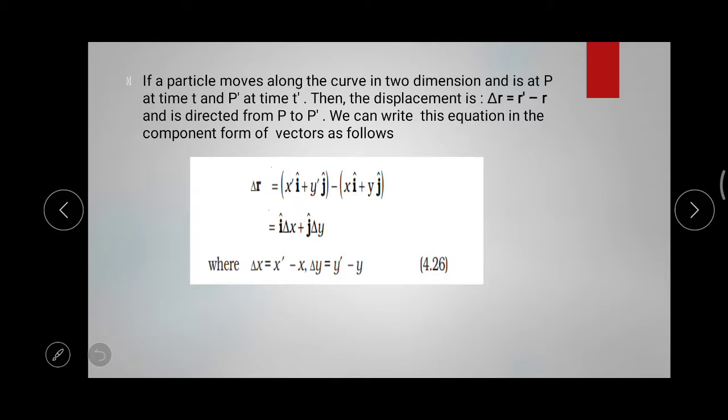So delta r will be equal to r dash minus r, the position vector of the point P dash minus the position vector of the point P. So x dash i cap plus y dash j cap minus x i cap plus y j cap.